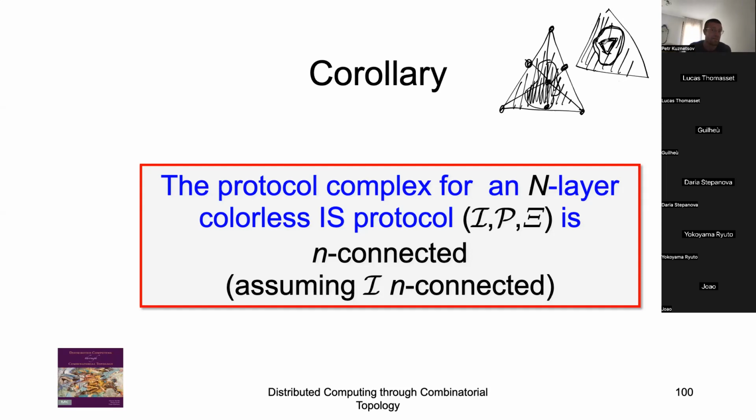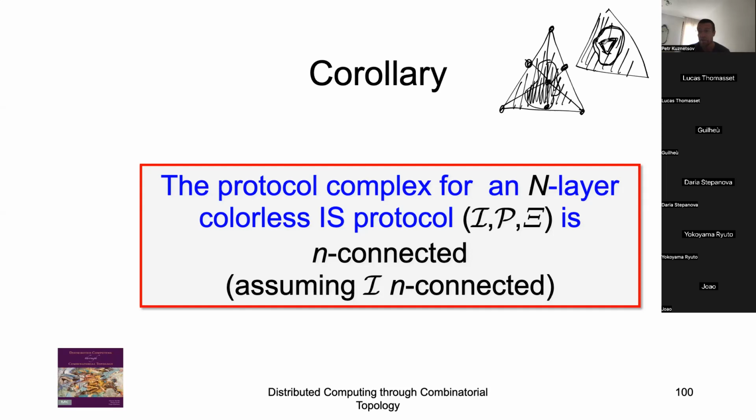Okay, so again, take a step back. Remember that connectivity is defined on geometric realizations. Ergo, it follows that the connectivity properties of a complex also hold for a subdivision of the complex.